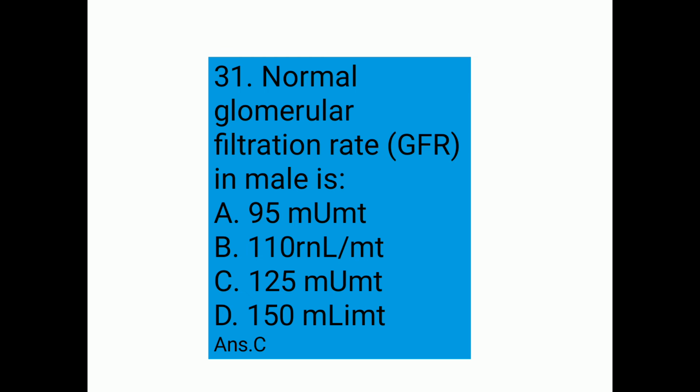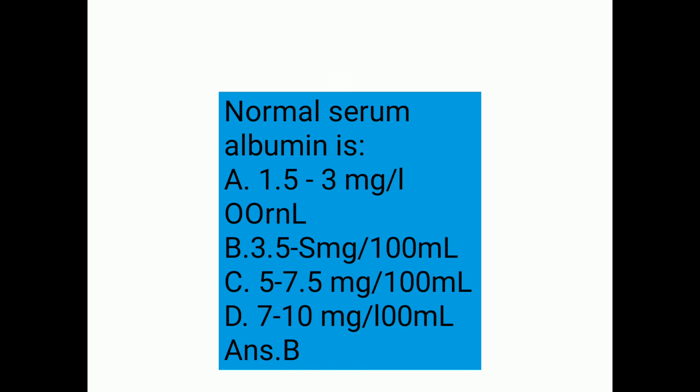The correct answer is 125. Next question. Normal serum albumin is? Options are: 1.5 to 3, 3.5 to 5, 5 to 7.5, 7 to 10. The correct answer is option B, 3.5 to 5.